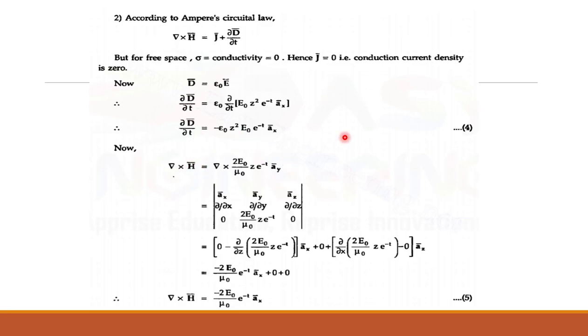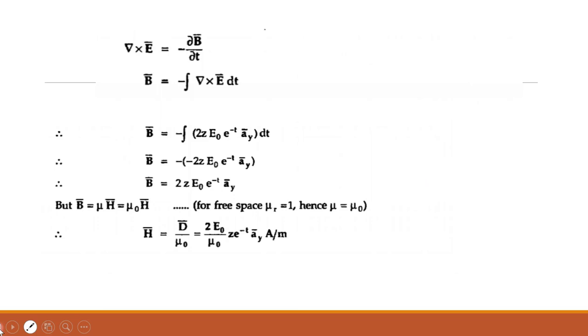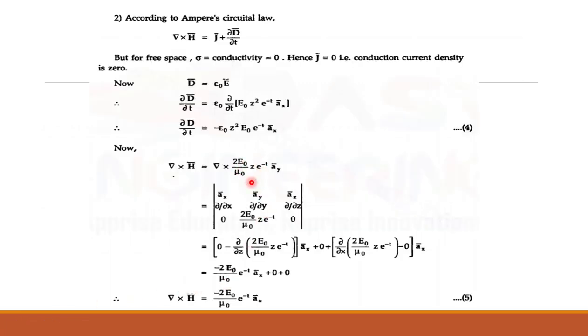So equation 4 and equation 5 we have to tally. H we have derived in the previous equation: 2 E naught divided by mu naught Z into e raised to minus t ay cap. We will use this here and find out what is del cross H.